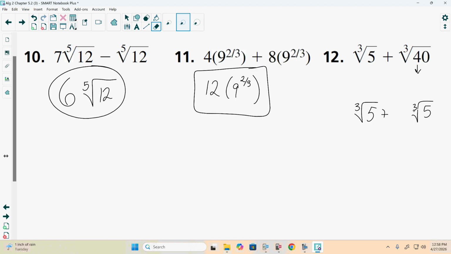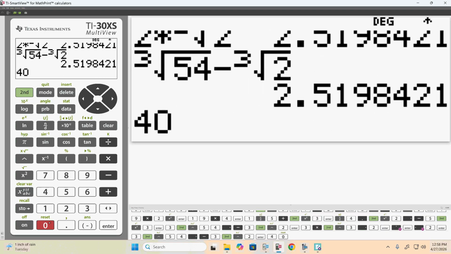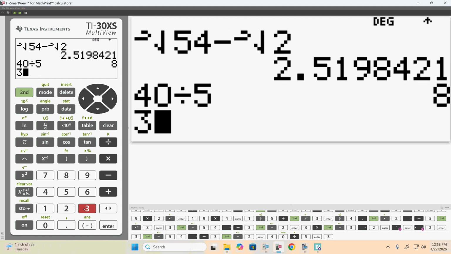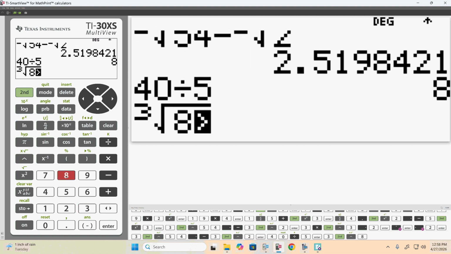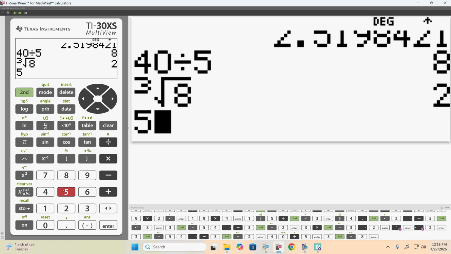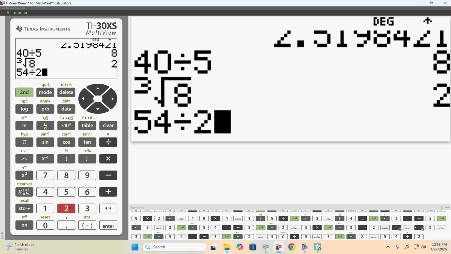So that means whatever times 5 that gives us 40 should be a perfect cube. Well, 40 divided by 5 is what? 8. What is the cubed root of 8? 2. Which begs the question on the last one, because our number was 54, and we needed to have left a 2 left inside, yes?